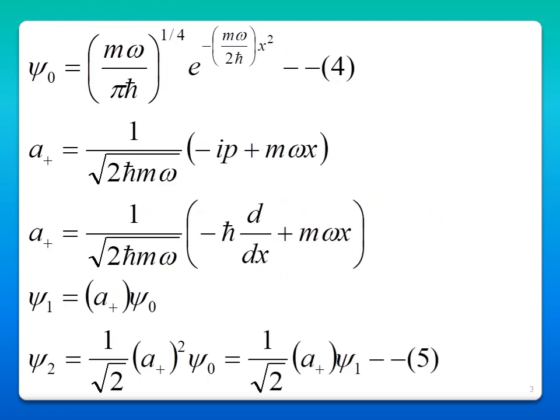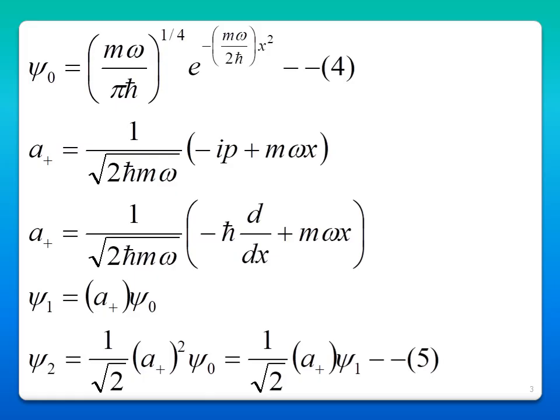You know for the harmonic oscillator, the ground state wave function psi naught is equal to m omega by pi h cross whole power 1 by 4, e power minus m omega by 2 h cross x square.